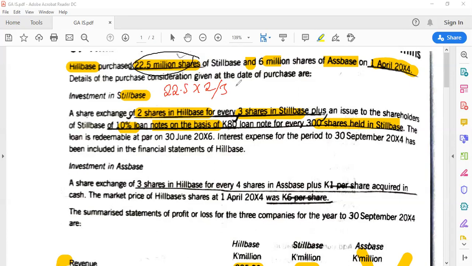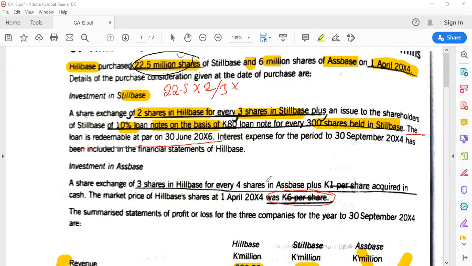So if you want, you can even multiply by the price. You look for the price. How much was the price? So you've been told that the loan is redeemable at par, and so on. Okay, we don't care, at least not for now. Then we can go, what was the share price? The market price of Hill base share at 1st April 2024 was 6 kwacha per share.